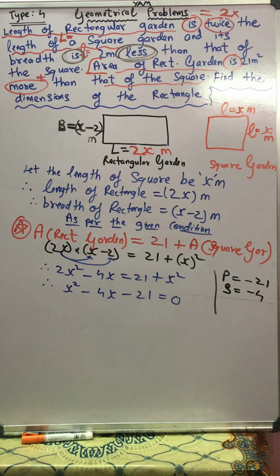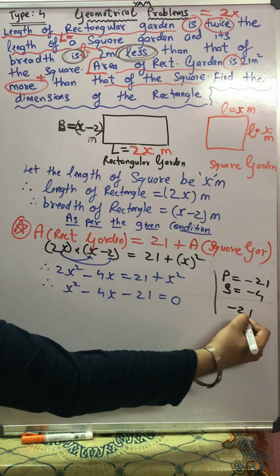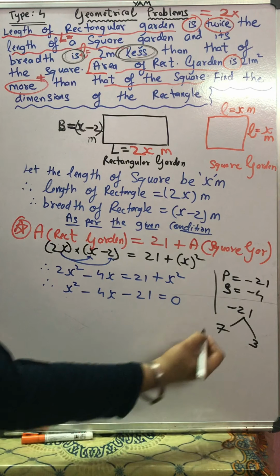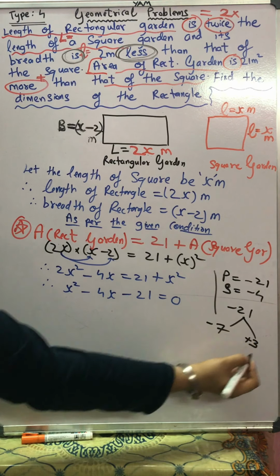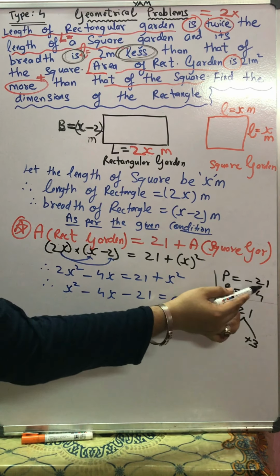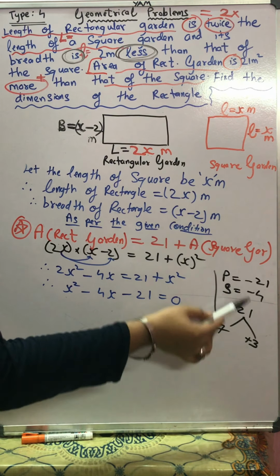What can be the answer? Minus 21 is 7 threes, so minus 7 plus 3. When minus 7 is multiplied with plus 3, I get a product of minus 21, and when minus 7 and plus 3 are added, I get minus 4.